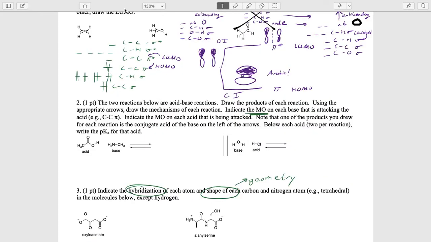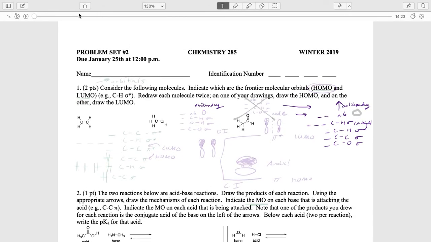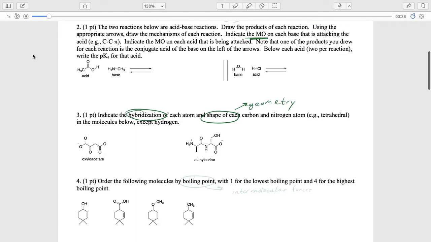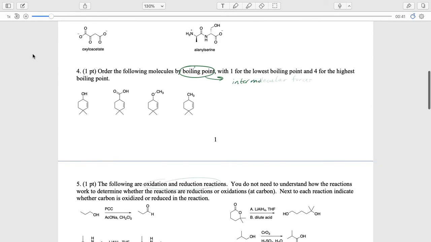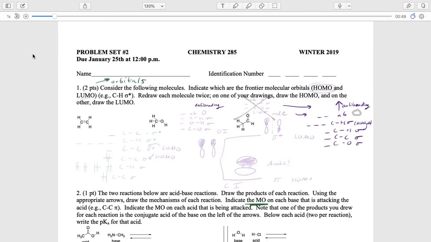And now here is the first problem on this second problem set. Skimming over this, we've got orbitals, boiling point, which has to do with intermolecular forces, oxidation reduction reactions, non-covalent interactions, DBEs, double bond equivalents.